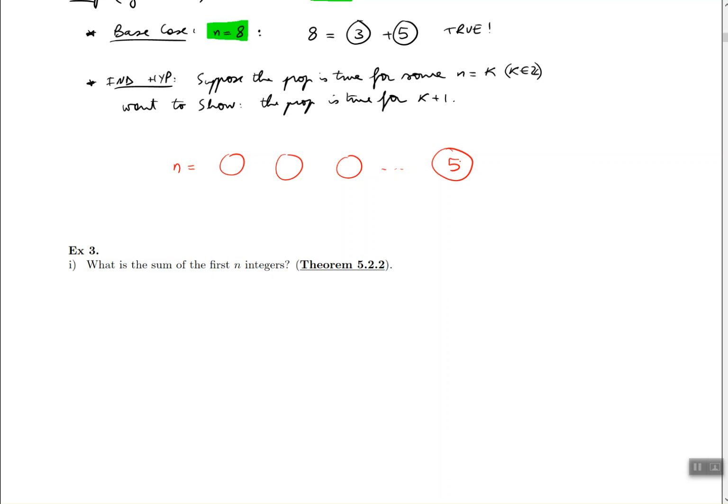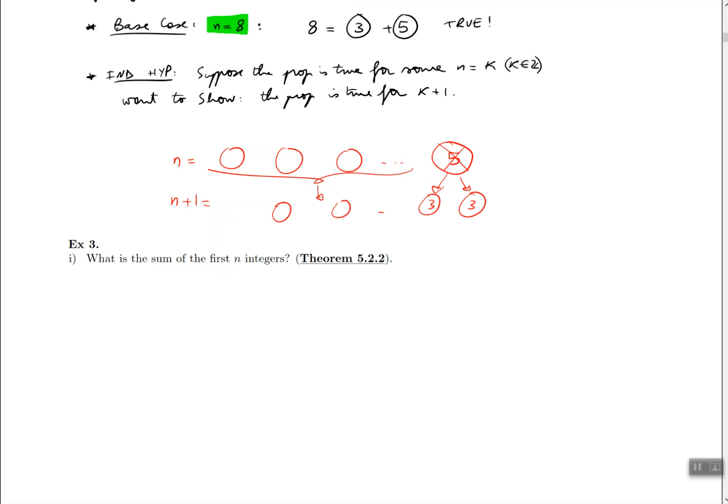If there's a 5-cent coin, all you have to do is get rid of it and replace it with the same stuff, but instead of a 5-cent coin, we replace it with 2 3-cent coins. Now you have added 1 to the number, and the theorem is true, because all you have to do is bring all these coins down, whatever they are, and add the 2 3-cent coins at the end.